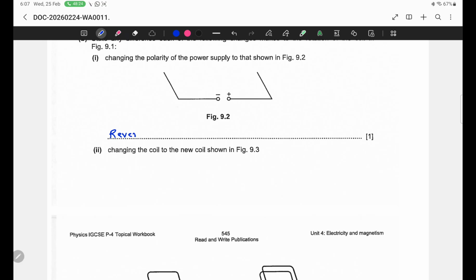Reversing the direction of current will reverse the rotation of the coil.